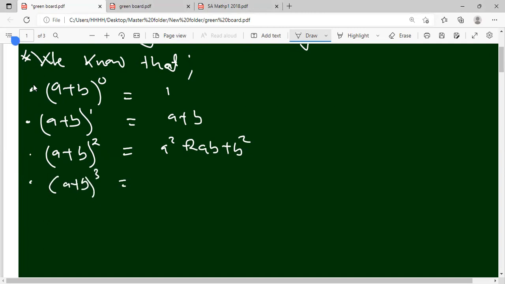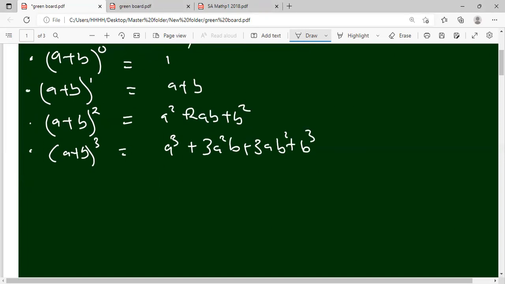This will produce a to the power 3 plus 3a squared b plus 3ab squared plus b to the power 3. Now, if we continue this manner, we are going to identify something.